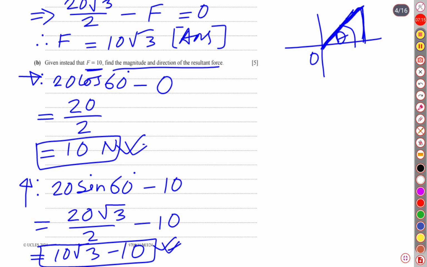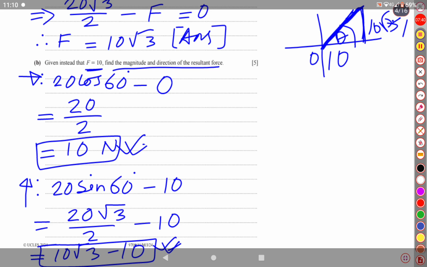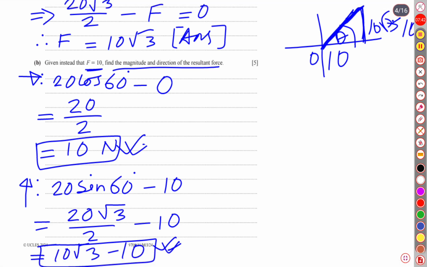So the x component is 10, and the y component is how much? 10 square root over 3 minus 10. Let me write more clearly. Well, so we will find the magnitude.